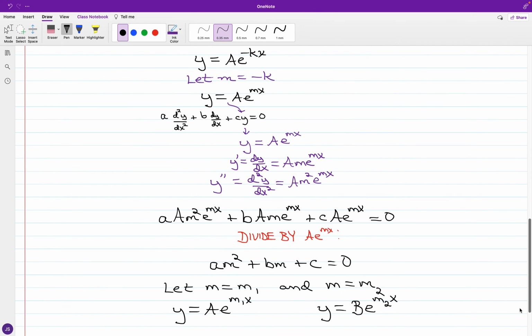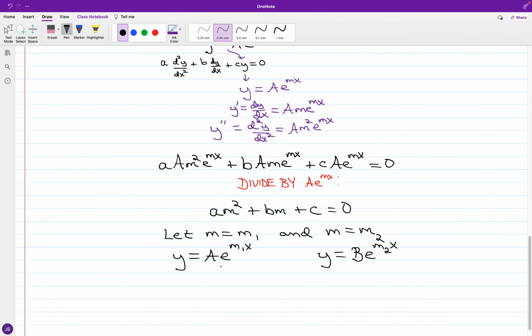Well, we have y equal to a times e to the m sub 1x, and y equal to b times e to the m sub 2x, and I can combine these together. So this is one solution, this is a second, and consolidating, we say also that y is equal to a times e to the m sub 1x plus b times e raised to the m sub 2 times x.